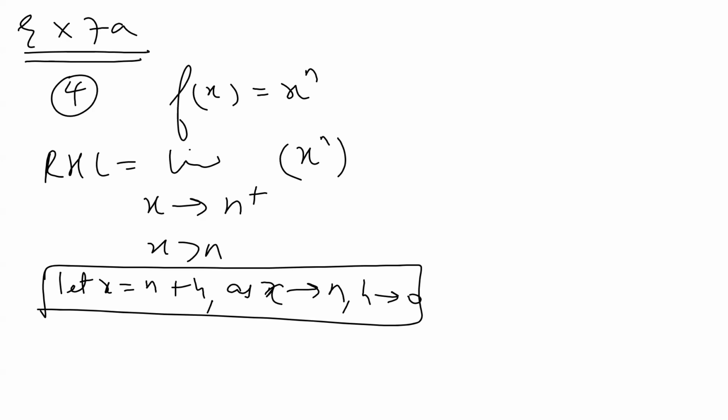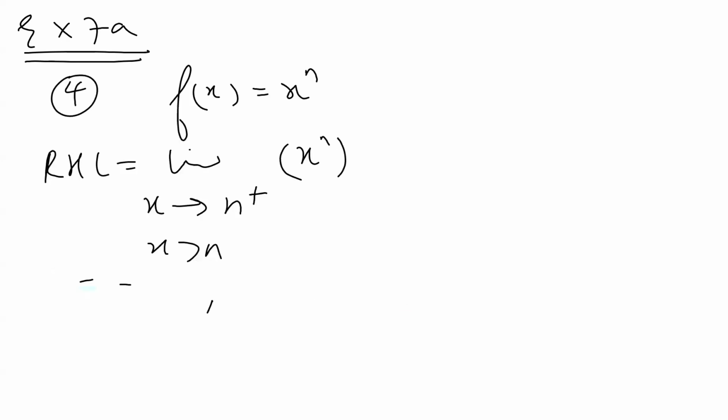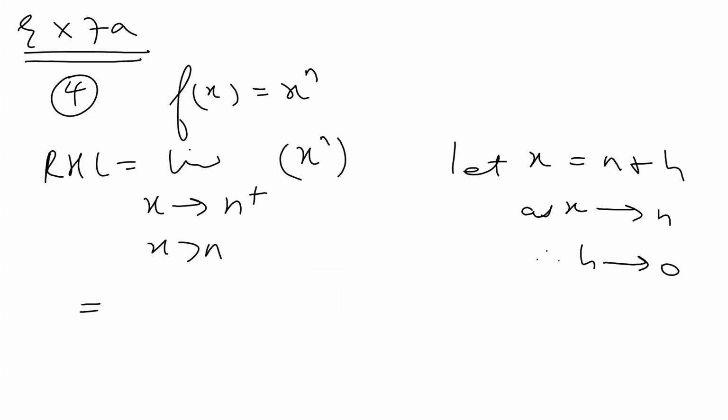Just write this again. So x is equal to n plus h, raised to n. There is no denominator, so put the value of h as 0.